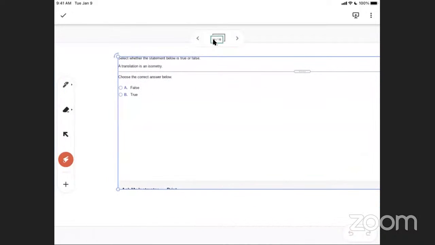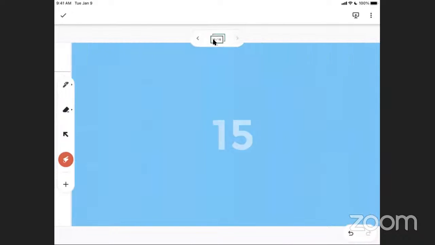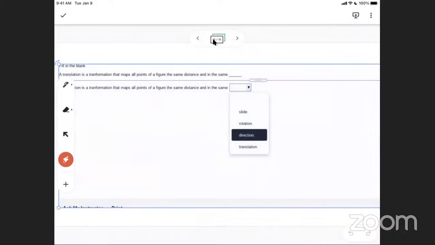So state whether it's a translation is an isometry. Yes. I think we already did essentially that one, right? Yeah, I think this is another way to say it. Yeah, that one would be yes.